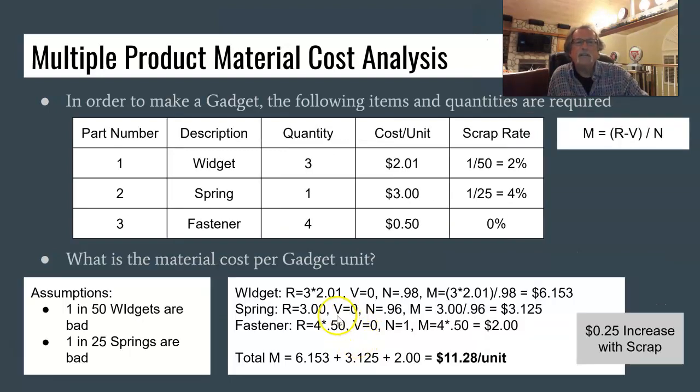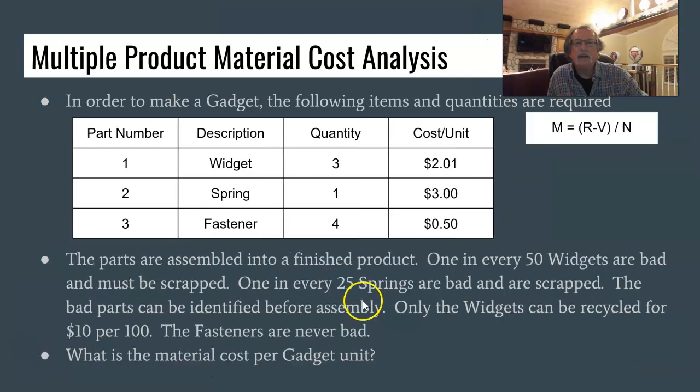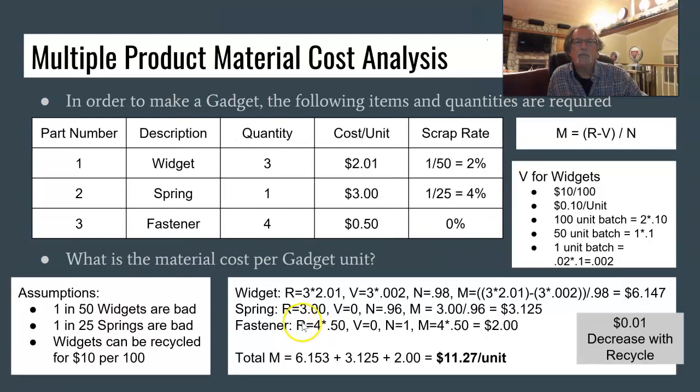So the recycle value is always going to be 0 for the spring, but we can recycle the widgets at $10 per 100. So the value for the widgets is 10 cents per unit. If we have a 100 unit batch, a 1 unit batch will give us 0.2 of a cent.